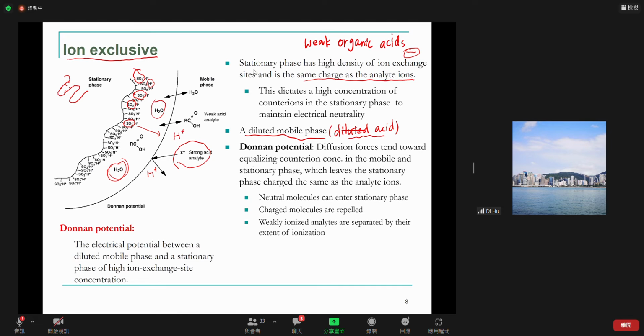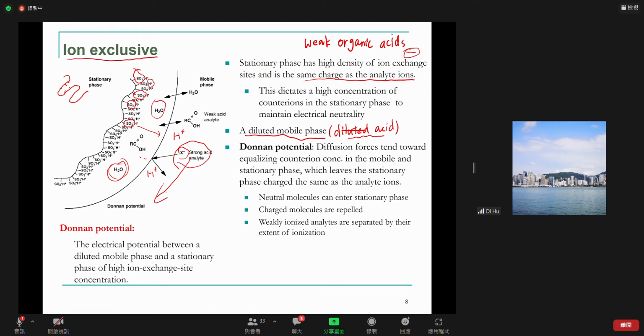It goes away. We have the same charge, so it cannot come here. I'm not attracting you. So it's totally excluded. It cannot even diffuse into the water and come out. It's just expelled, right? So the strong acid, the charged one, comes out fastest because it is totally repelled. It won't diffuse in and diffuse out, it directly goes. Okay, so it will be the first one to come out.